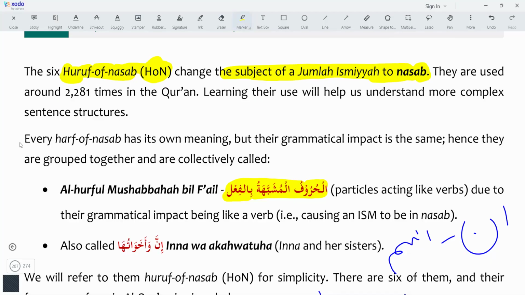They are also used around 2281 times in the Holy Quran. This is the information about Inna and the sisters of Inna.